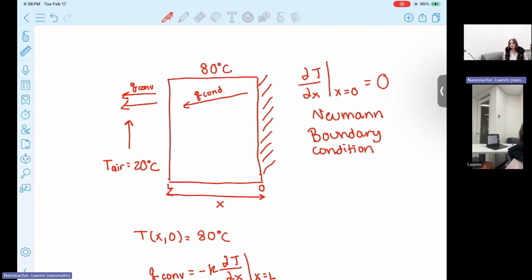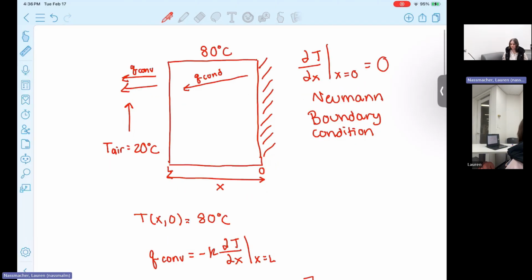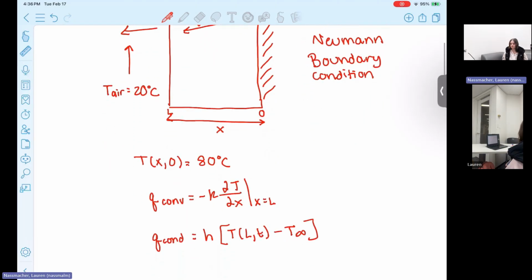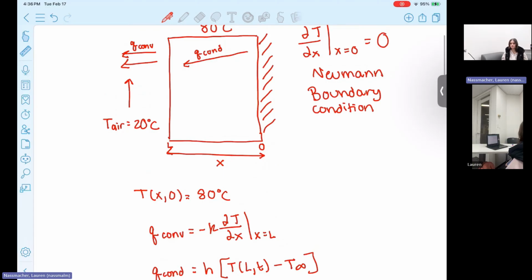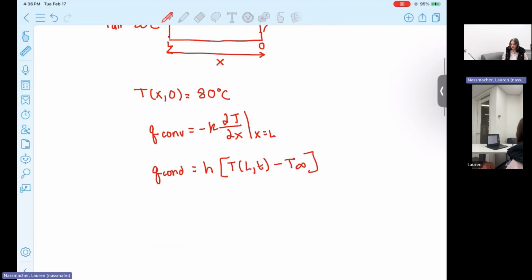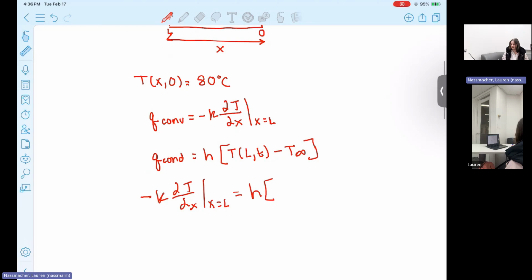Heat leaves the surface of the slab via convection, and that is proportional to the heat loss as it moves through the slab via conduction. So this equation can be written as the thermal conductivity times the temperature gradient at distance L is equal to the thermal conductivity times the temperature at length L at time T minus the temperature as we move away from the slab.